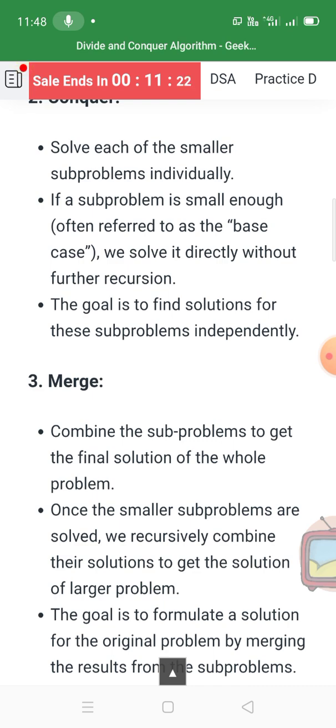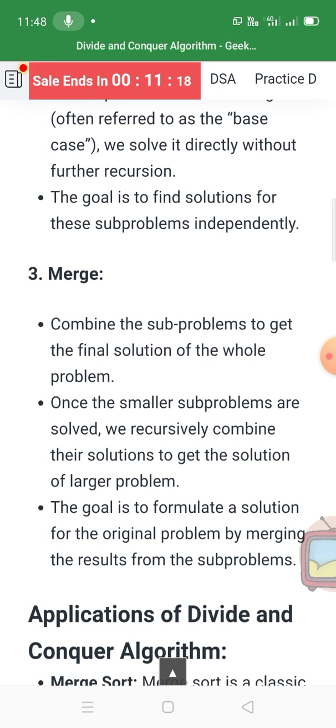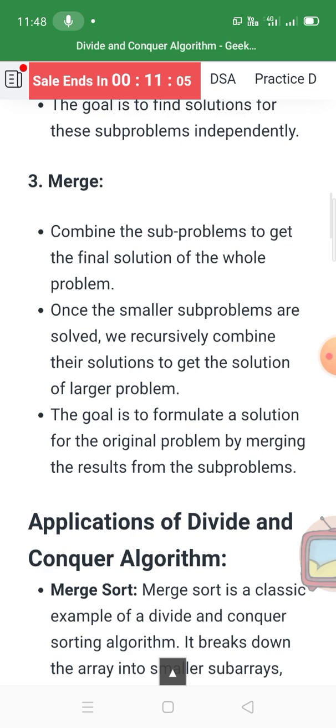Now the small units are very easily joined and combined, and that is called the merge. Finally the goal is to formulate a solution for the original problem by merging the results from the sub problems. So finally we are adding the divided parts together and merging the problem.